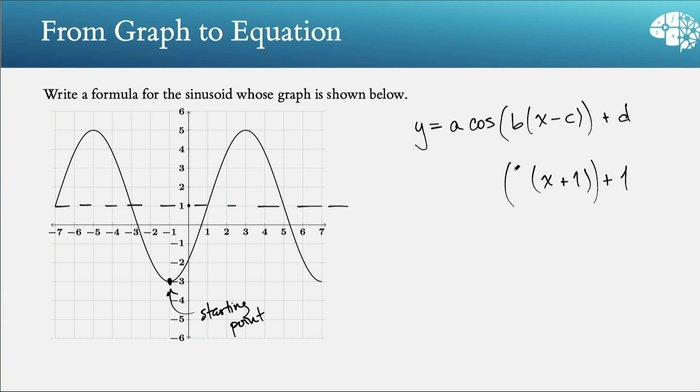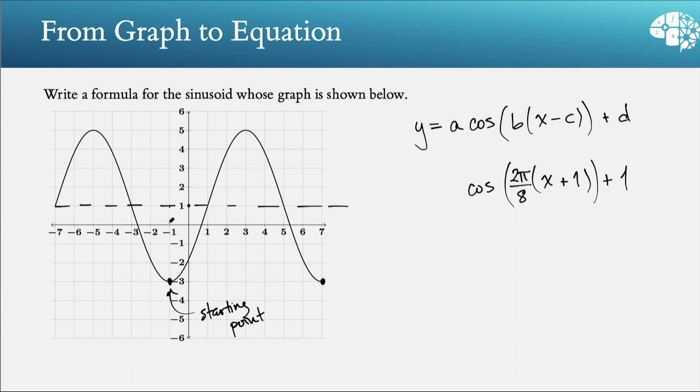Now b, I can do 2 pi divided by the period. And I can see the period from the start point. It goes all the way up and then all the way down. It completes a full cycle right there from -1 to 7. That's a distance of 8. That's my period. So 2 pi divided by 8. Cosine. And then a for cosine from my starting point is from the midline, where do I go to my starting point?